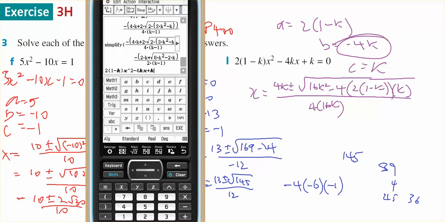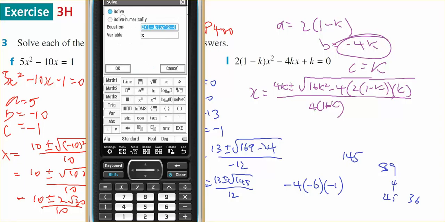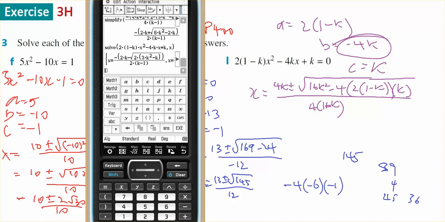I can type 0, but if you don't type equals 0, it assumes it's equal to 0. And this is the same as that. The 2 times the 3 gives 6k, the 2 times the minus k gives minus 2k. So it's identical, the same answer.